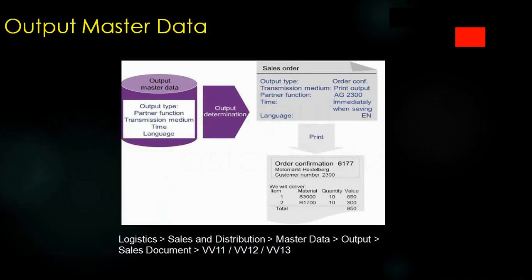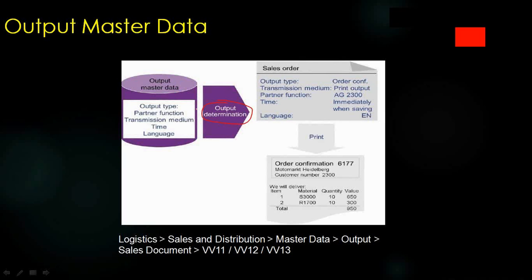So as I just discussed, as soon as we create a sales order, there's a thing called output determination that will kick in. Now we'll talk about the customizing of this determination later on in a later video, but in this video we'll only talk about the master data maintenance.